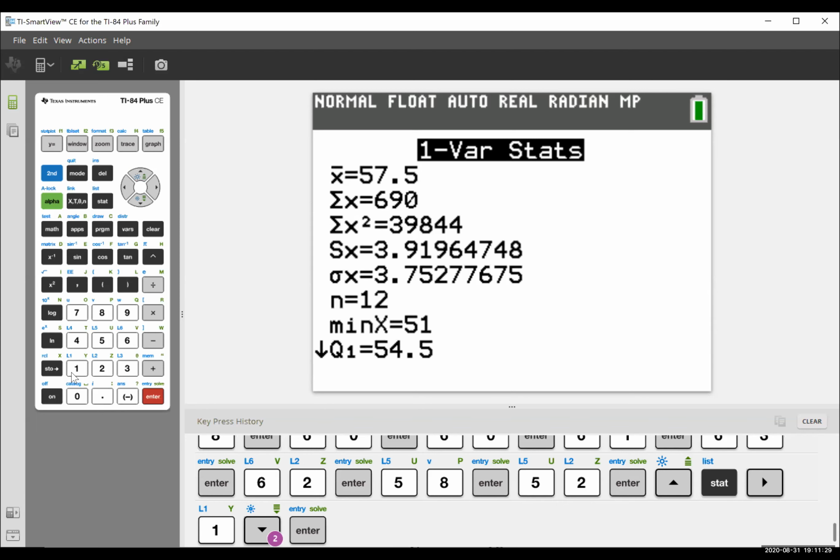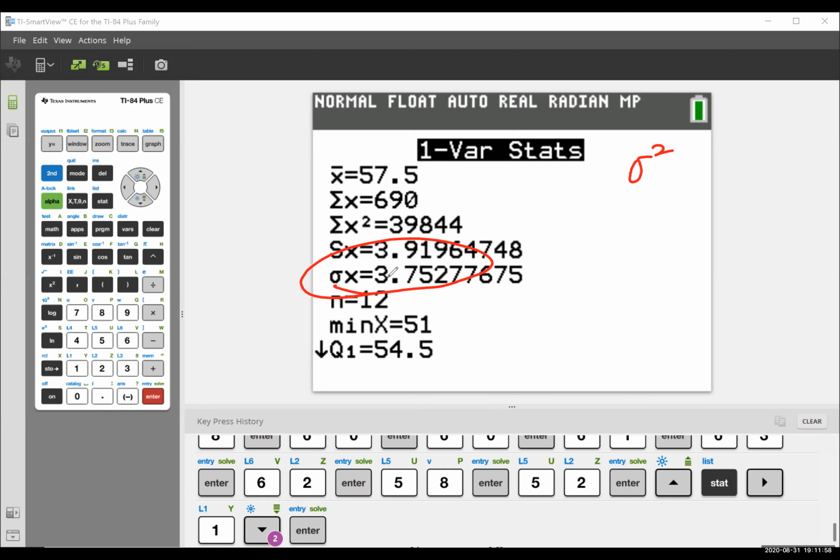So you don't see here the variance, but you see here this is a symbol for, remember I showed you earlier, the symbol for variance is this, but you see this 3.752777675.